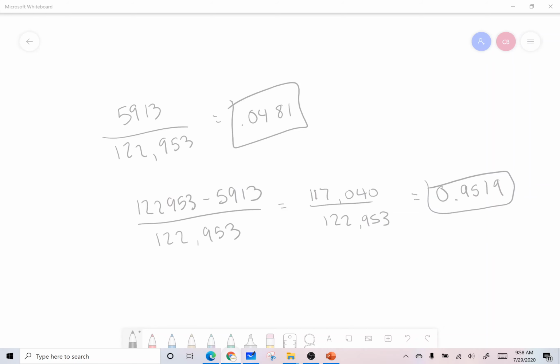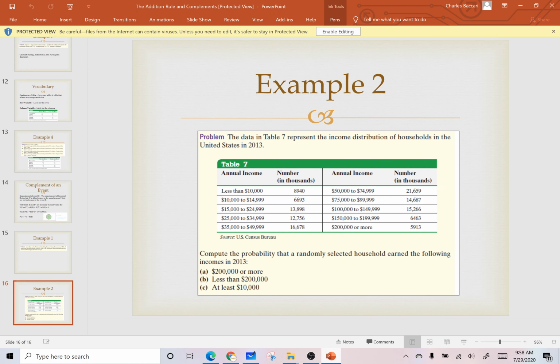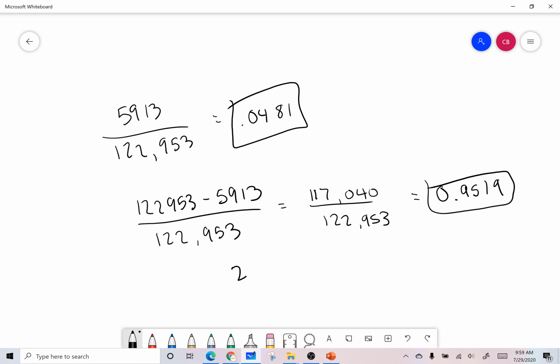And then finally it says at least 10,000. At least 10,000 is everything except for less than 10,000. So what we can do is the same principle. We can do 122,953 minus just those less than 10,000, which is 8,940.